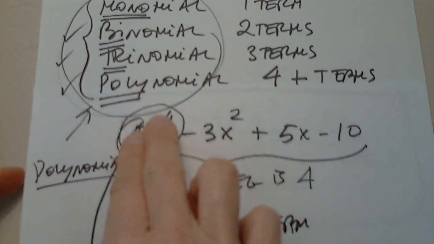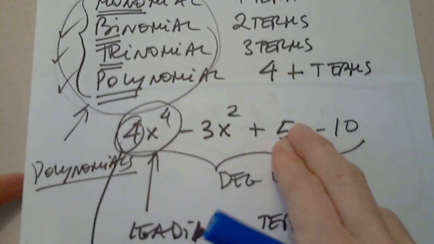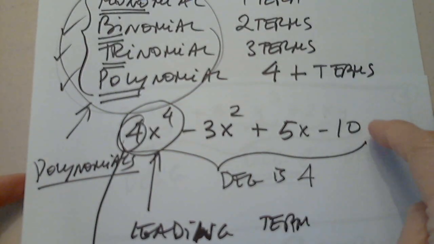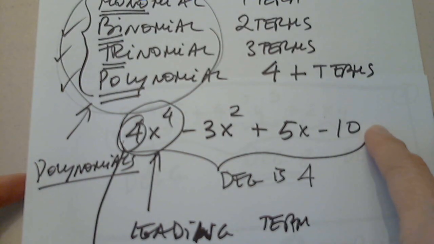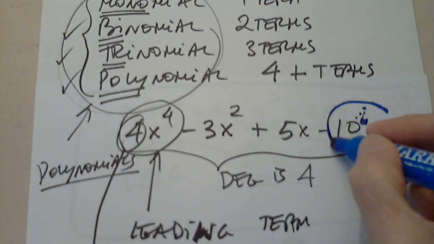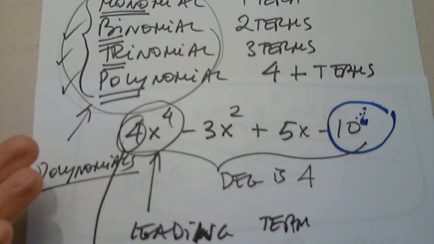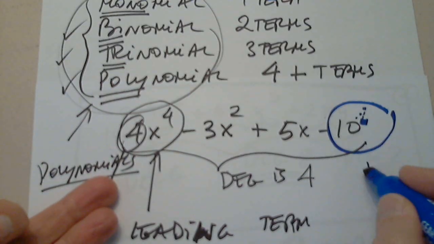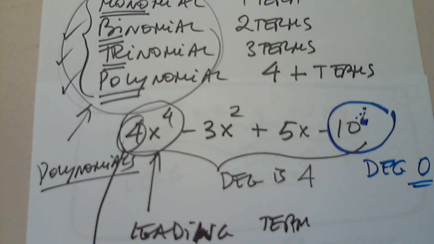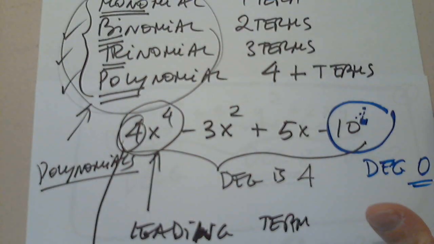So coming back to our simple example, this has degree 4, this has degree 2, this has degree 1, this has degree, not power, degree 0 because it doesn't have a variable. So this has power 1, but when it comes to the degree, meaning the power of the variable, this has degree 0. So degree 4, degree 3, degree 1, degree 0. I'm not adding degrees.